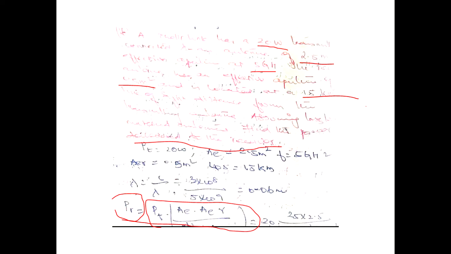So you can write all the given parameters. PT is equal to 20 watt, A is equal to 2.5, F is equal to 5 gigahertz, and the effective area is 0.5, and the distance is 50 kilometers.